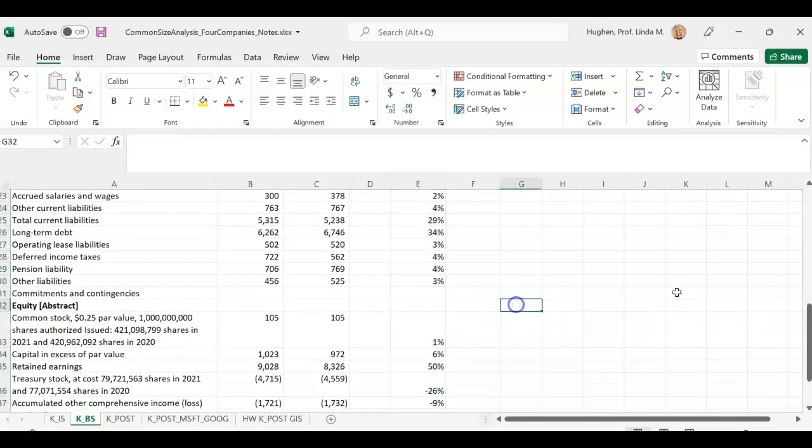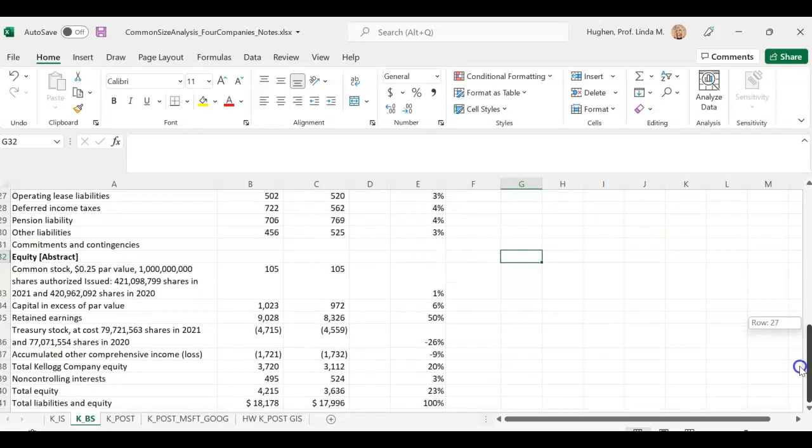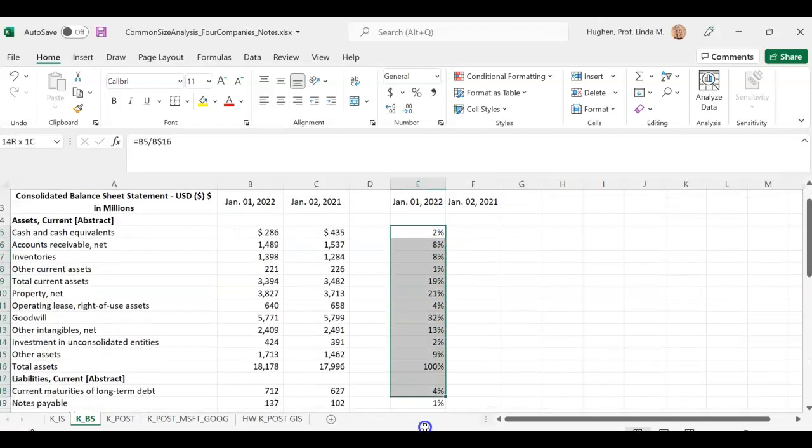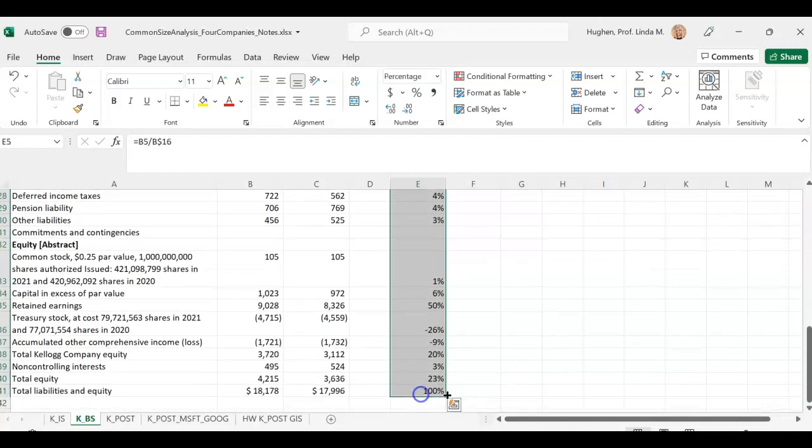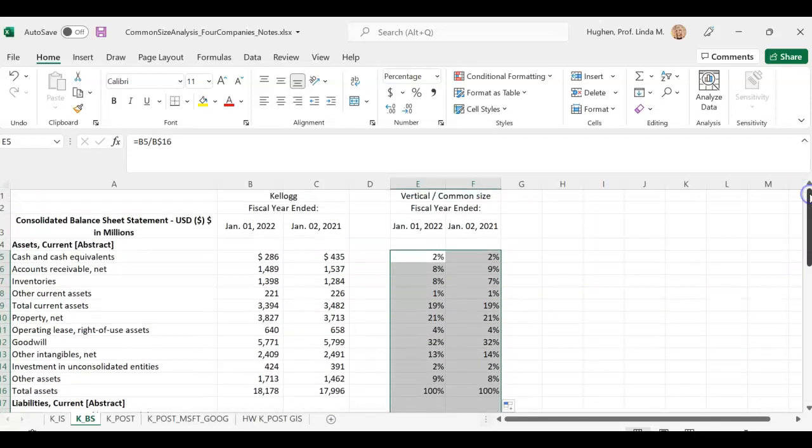It just looks neater. And then I'm going to drag this over for the year prior. And now I have each item as a percentage of assets, each liability and equity as a percentage of total liabilities and equity. Now I'm ready to start my analysis.